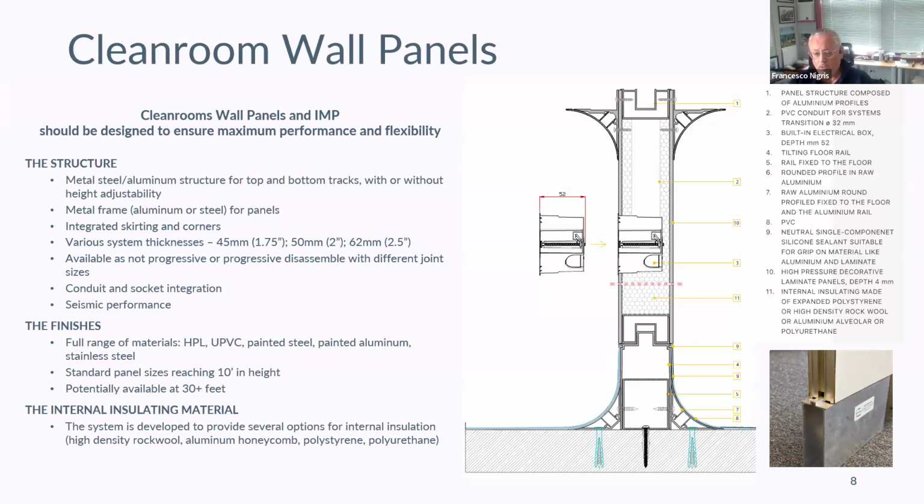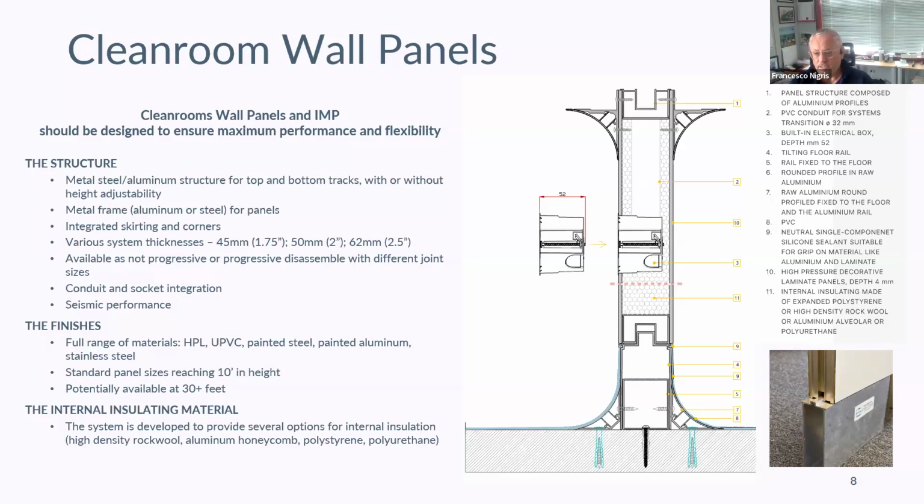I'm not afraid of naming names: there is AES or Clean Space and Plascor, which are basically supplying one standard that has been considered in certain cases the standard of the market, which is the aluminum honeycomb with UPVC coating, which is a perfect product. It is a good product that has been sold all over the country, but it's not the only solution.